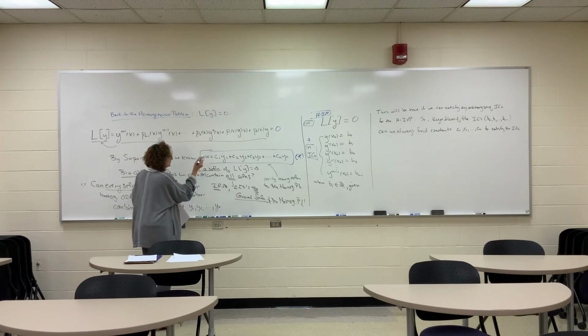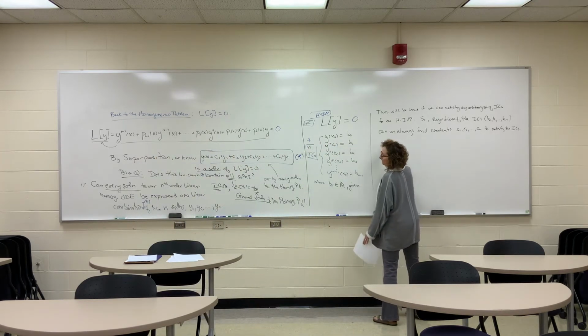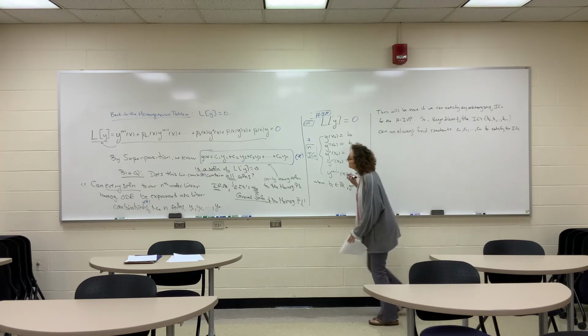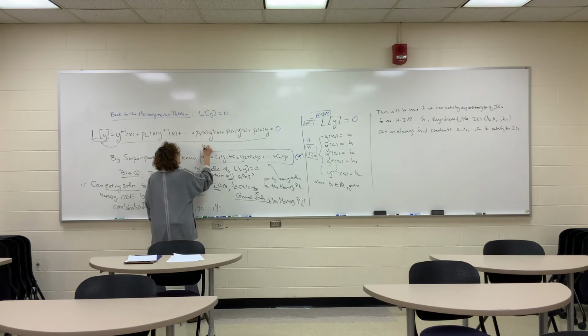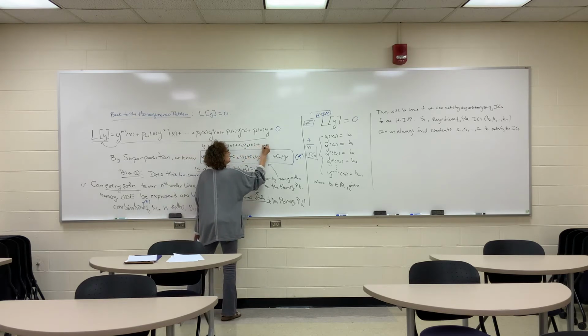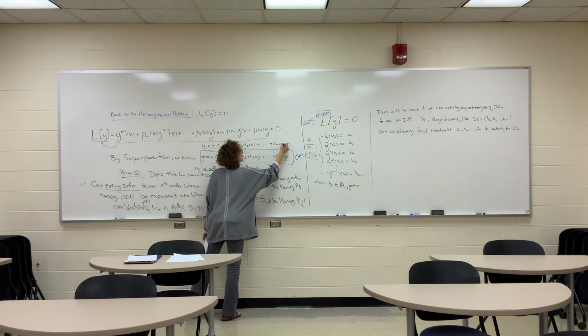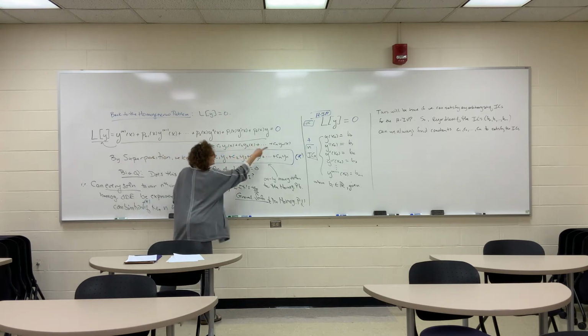Remember, y of x is c1 y1 of x, where y1 is a function of x, plus c2 y2 of x, plus the whole way out to cn yn of x. This is just shorter than writing it all out. So what is y evaluated at x naught? Well, I put an x naught everywhere I see an x.